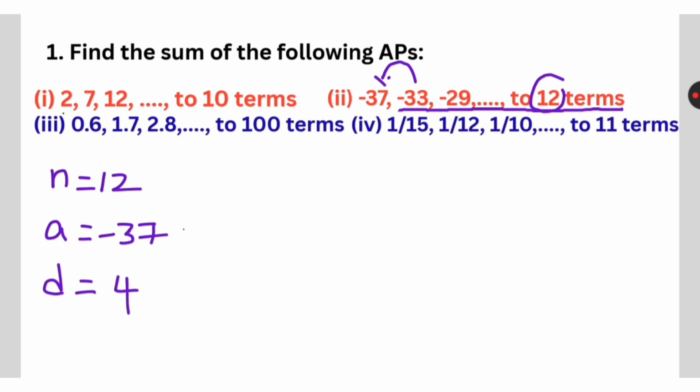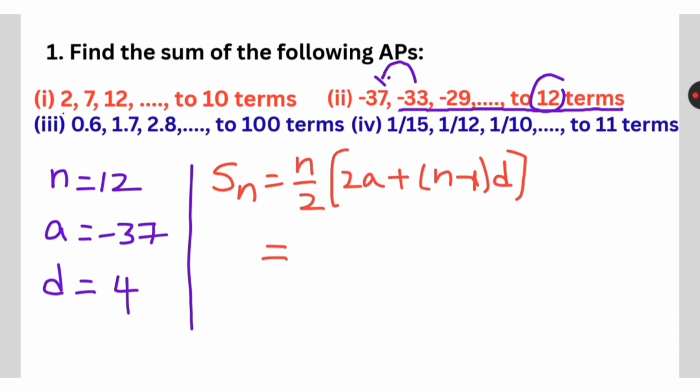Now we know the first term, the common difference and the number of terms, which is 12. So we can easily find the sum. The formula is Sn equal to n by 2 times 2a plus n minus 1 into d. So n is 12. 12 by 2, if we cancel, we get 6 here. 2 times a is 2 times minus 37, that means 37 double is 74.